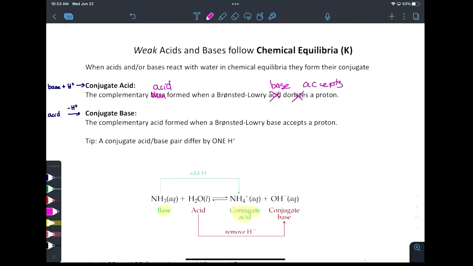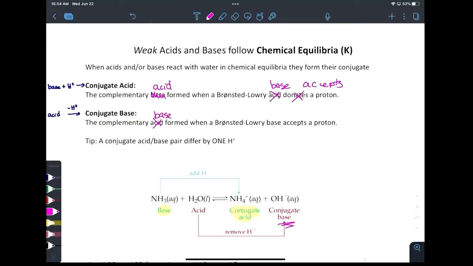Well, conjugate base is you start with an acid, it loses an H plus or it donates an H plus, and now you are looking at your conjugate base. So in this case, water is behaving like an acid, but once it donates that proton, you produce your conjugate base. All right, the complementary acid, no, so this is base. I don't know why they're messed up.